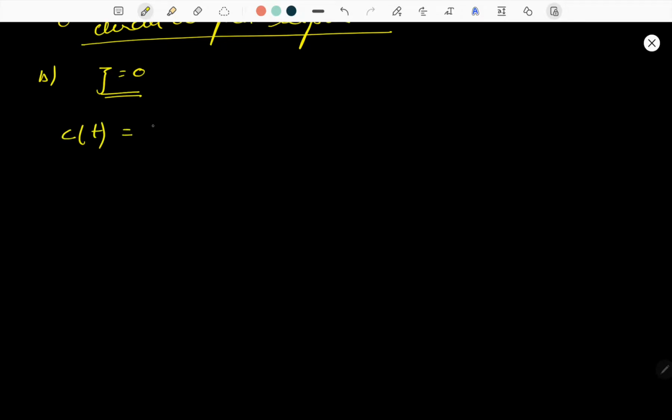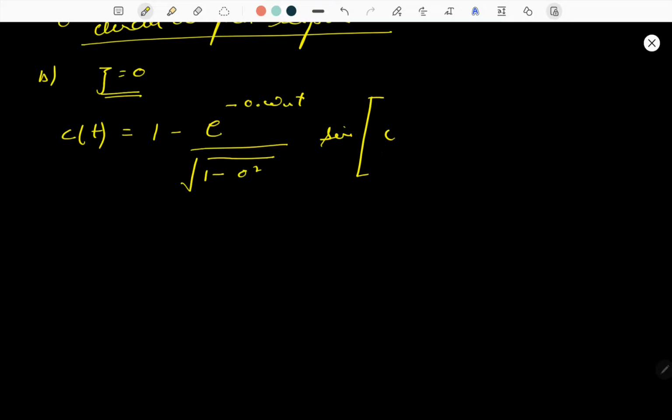If we put zeta equals 1, we get 1 minus e to the power minus zeta omega n t, so 0 into omega n t, divided by under root of 1 minus zeta square, so 0 square, sine of omega n under root of 1 minus zeta square, 0 square instead of zeta, into t, plus tan inverse of under root of 1 minus zeta square, which is 0 square, divided by zeta.